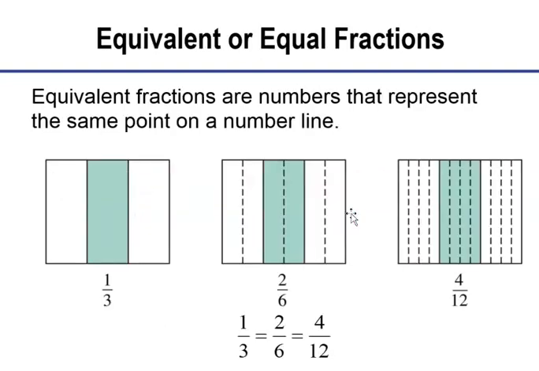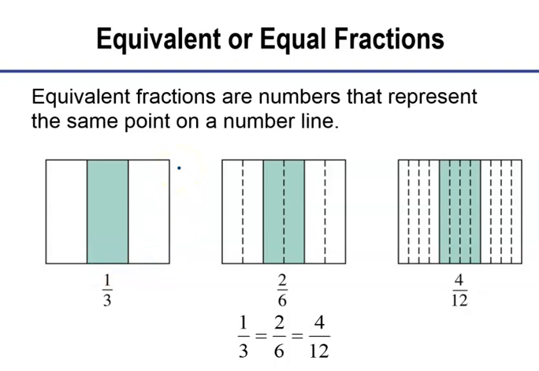Equivalent fractions are numbers that represent the same point on a number line. Notice all of these represent the same shaded region. So if we take a look, we can see that each of the whole parts, when you're looking at the entire square, is the same. Okay, all 3 of these big outside squares are exactly the same.